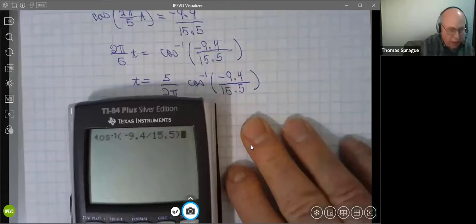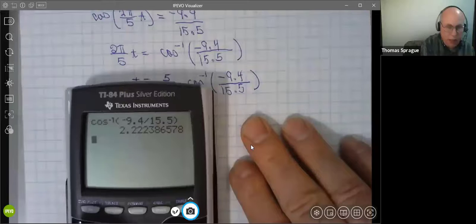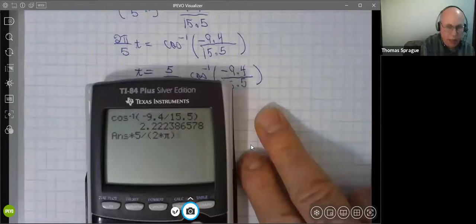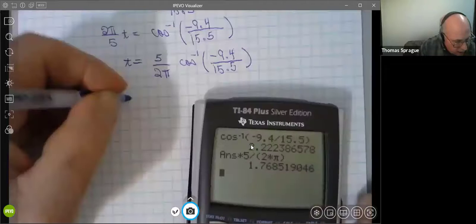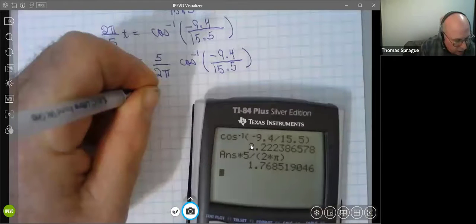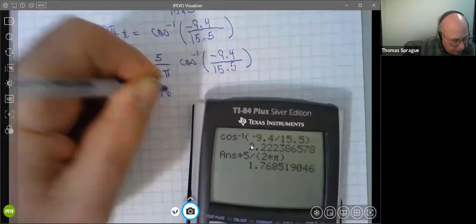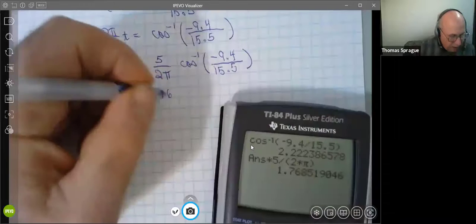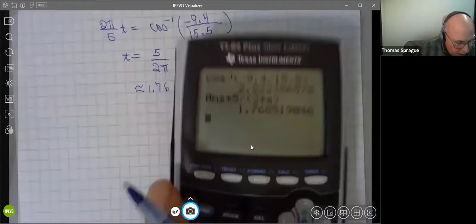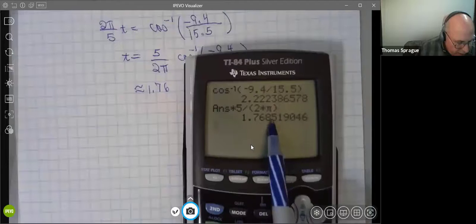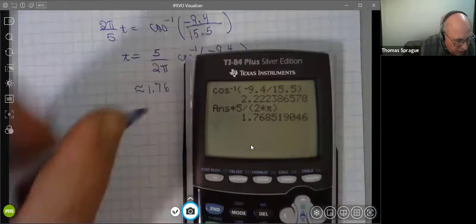this inverse cosine part. I'm going to multiply by 5 and divide by 2 pi. Well, there's more digits over here, so if I round properly, this would round to 9.